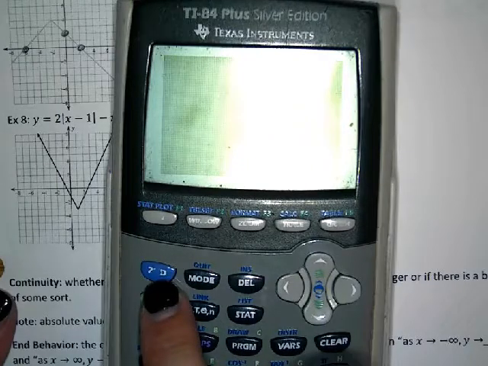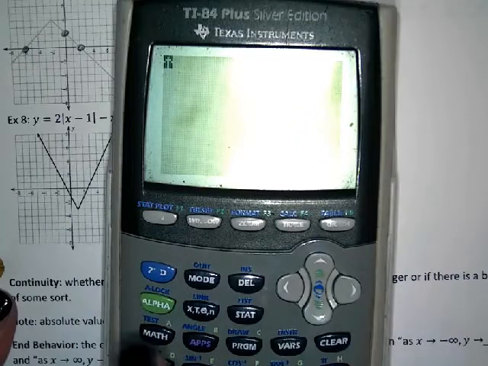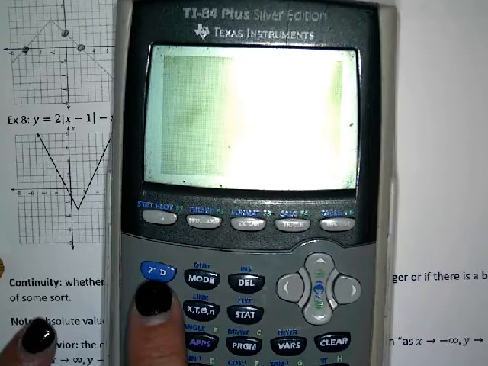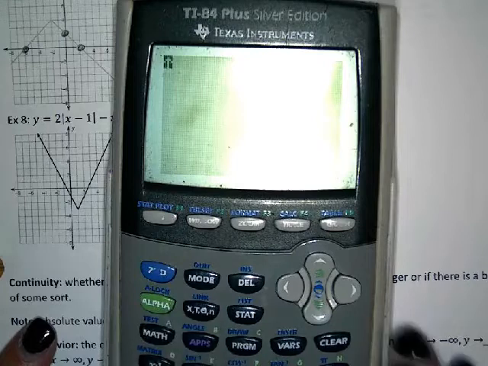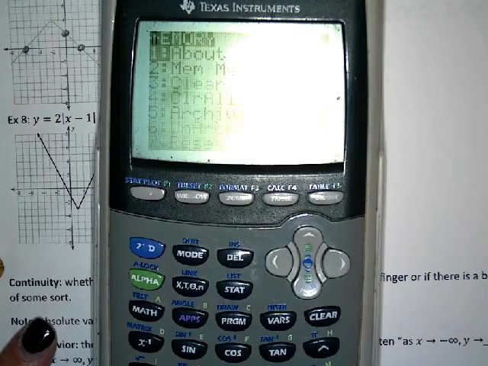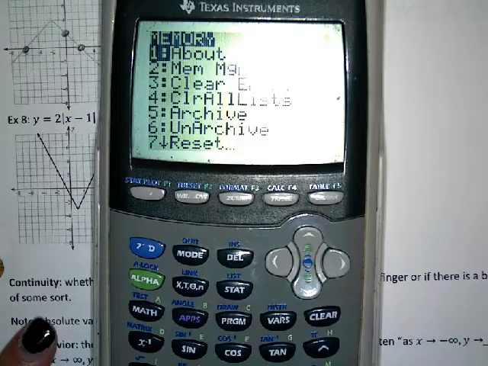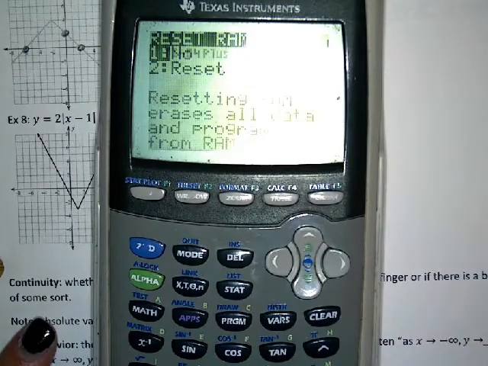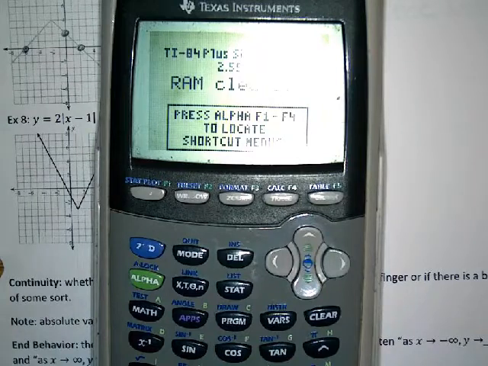There's more than that, because mine says clear also, but there's more. Anyone know what to do next? Then hit the plus button. So second plus, and then 7, 1, 2. So second plus 7, 1, 2.